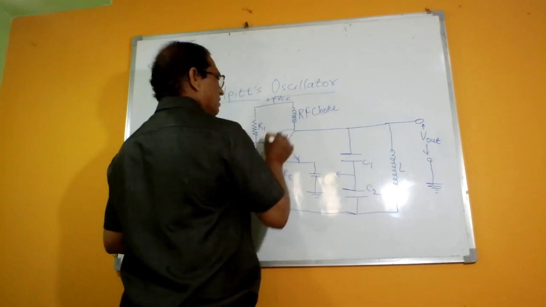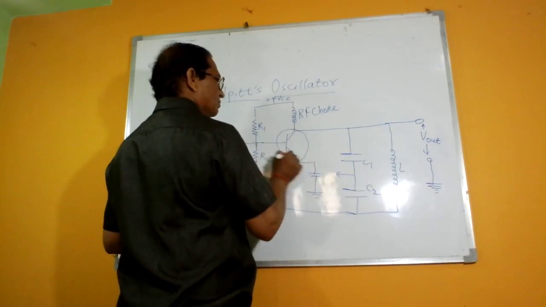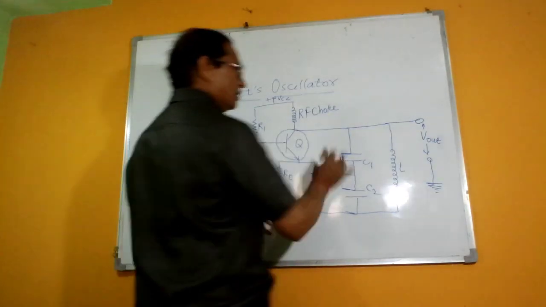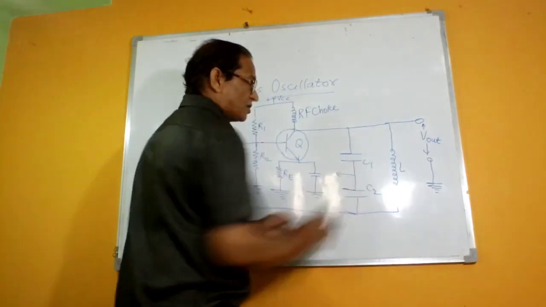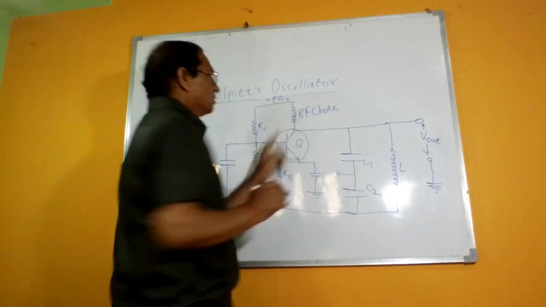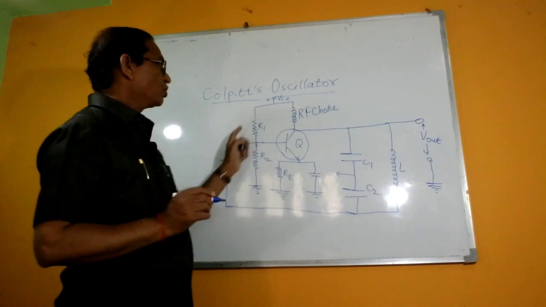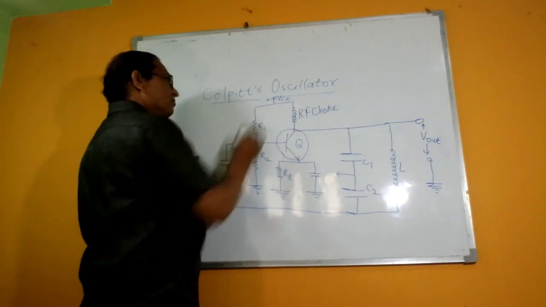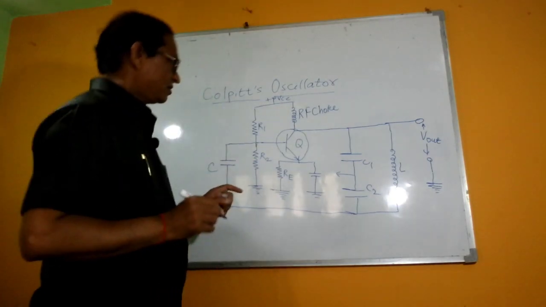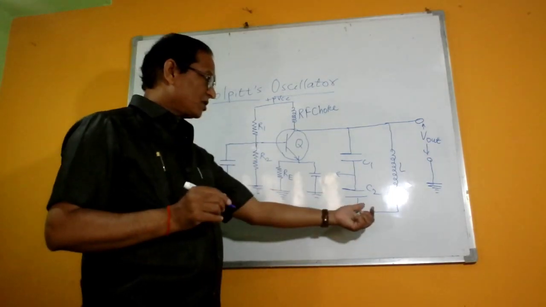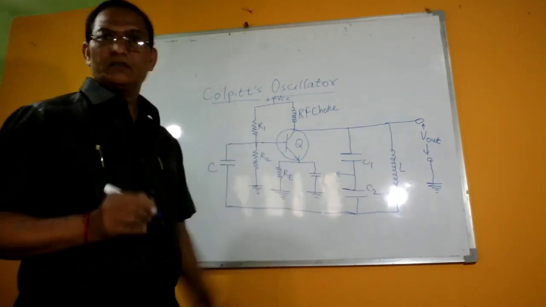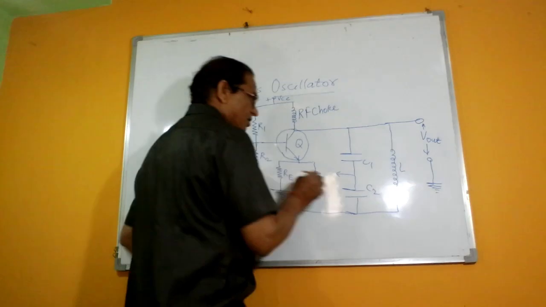So this is a transistor Q, and the tank circuit which consists of inductor L and C1 and C2, the RF choke, radio frequency choke, voltage divider arrangement with the resistances R1 and R2, and coupling capacitor C, through which the feedback which is to be brought from the capacitor C2 is coupled to the base of the transistor.